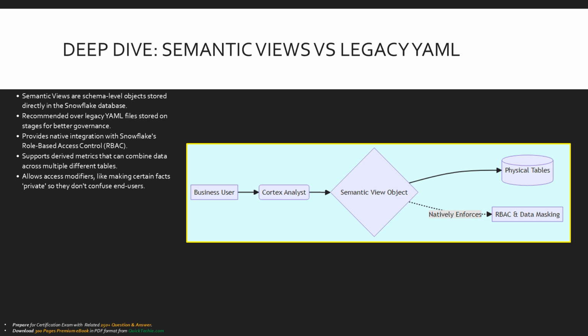Cortex Analyst reads this rich metadata, formulates the correct SQL, and executes it against the underlying physical tables. But here is the best part, shown by the dotted line. Because the semantic view is a native, first-class Snowflake object, all interactions inherently enforce Snowflake's built-in RBAC and dynamic data masking policies. It is a significantly cleaner, more manageable, and highly secure approach compared to juggling standalone YAML files across different environments.